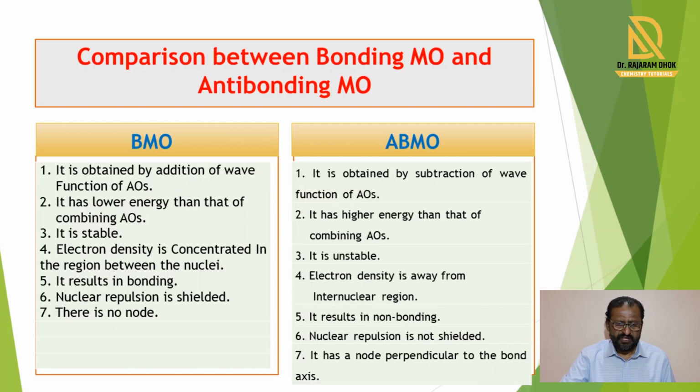In the bonding molecular orbitals, nuclear repulsion is shielded, and in ABMO, nuclear repulsion is not shielded. One more difference: in the bonding molecular orbitals there is no node between the nuclei along the axis, and in anti-bonding molecular orbitals the node is perpendicular to the bond axis.